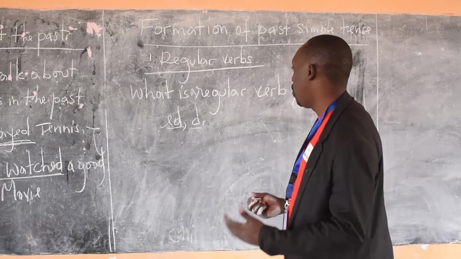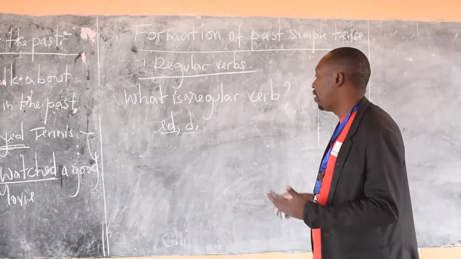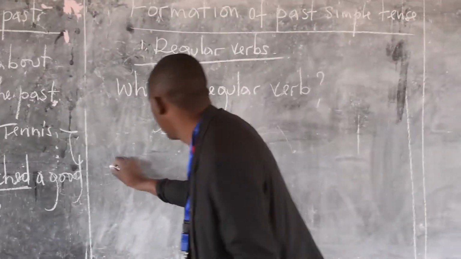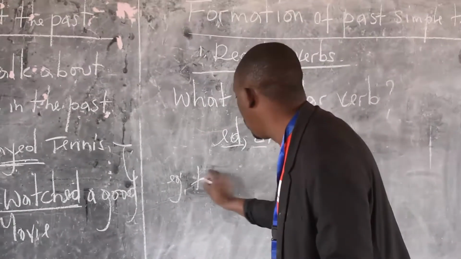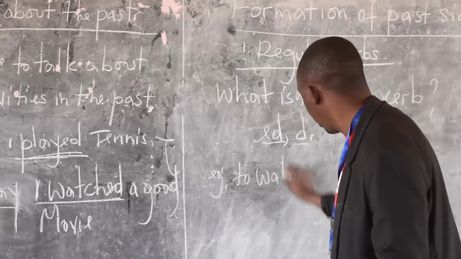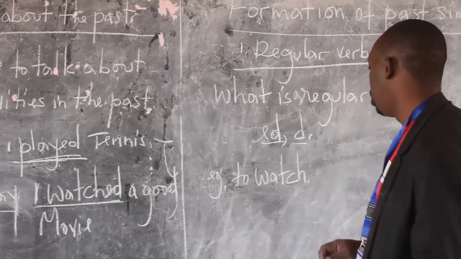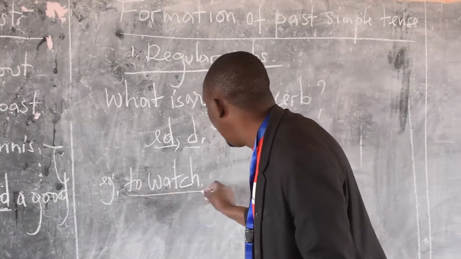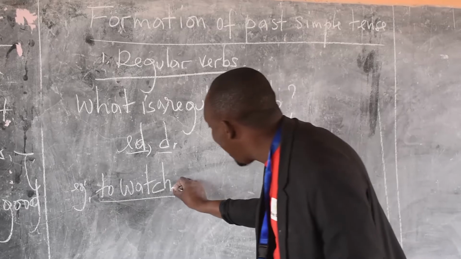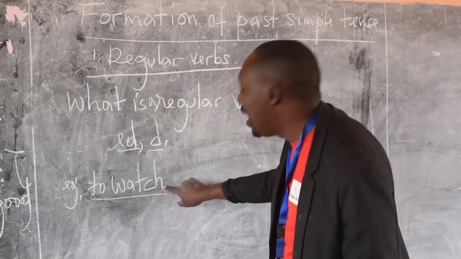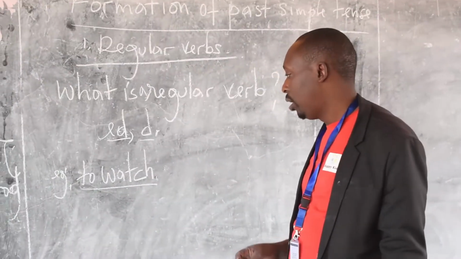So now, let me give you some examples. Let us take the verb to watch. If we put this verb in simple past, then we will add ed at its end.